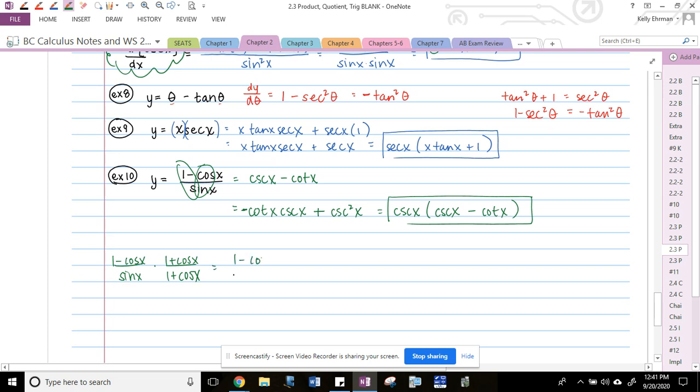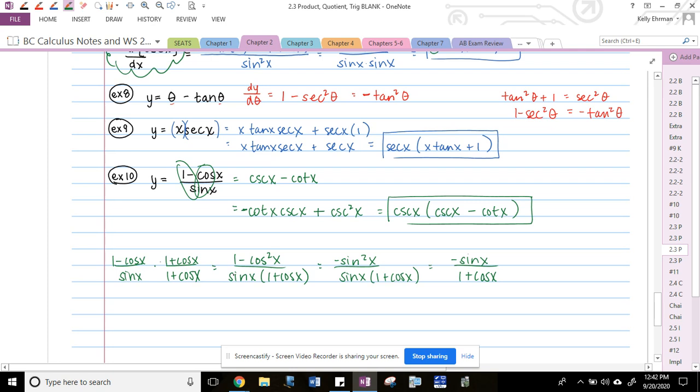That would give me 1 minus cosine squared x, and then remember, you don't usually multiply in the denominator. 1 minus cosine squared x is sine squared x. And that gets it into sine x over 1 plus cosine x. That did not help me in terms of making life easier, but this is a route you could take, and then you'd have to use quotient rule. So definitely not the path of least resistance.